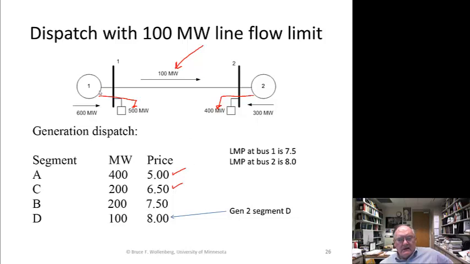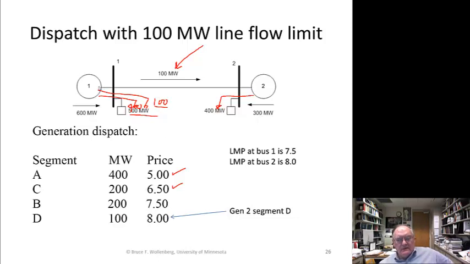Then I'll come back here and I'll say, let's see, I've got 400, so I can put 100 in here. So this is 100, and this is 400. Remember that. Now I've done this one. I've satisfied him, and I bought the 100 from this 750.